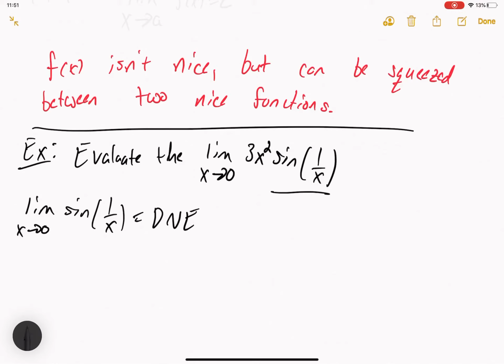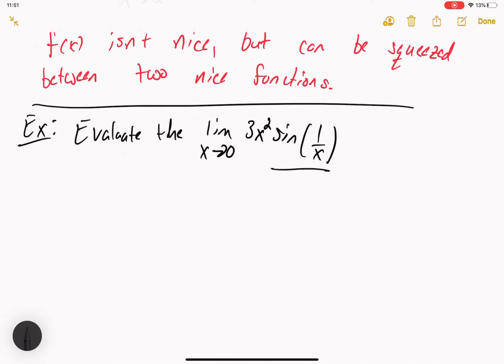Despite the fact that sine of 1 over x is very nasty and it's hard to find the limit of it, we can use some of the nice properties of sine of x. One thing you have to remember from trig is that any sine function can be squeezed between -1 and 1.